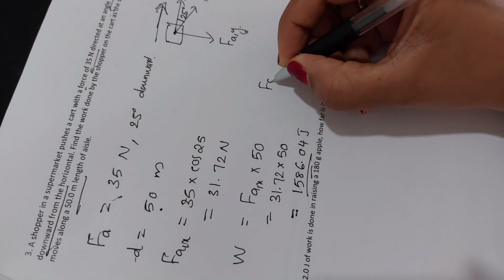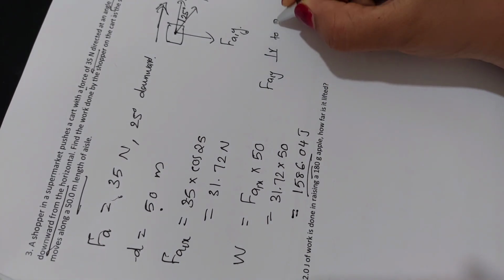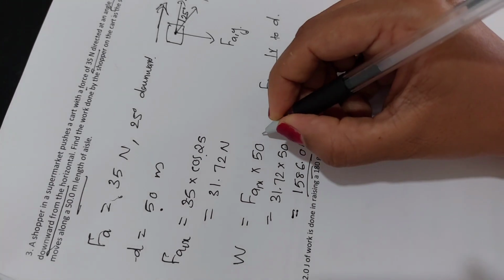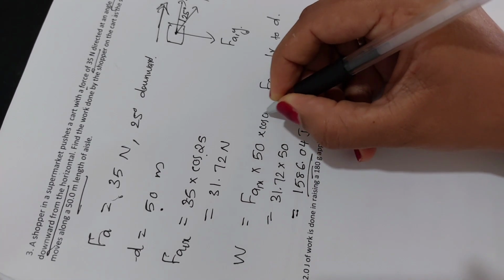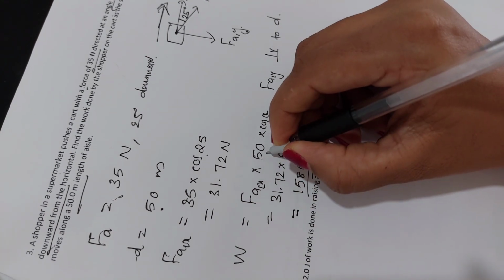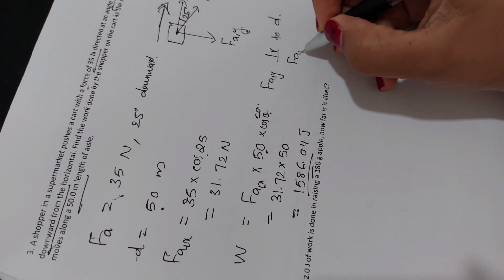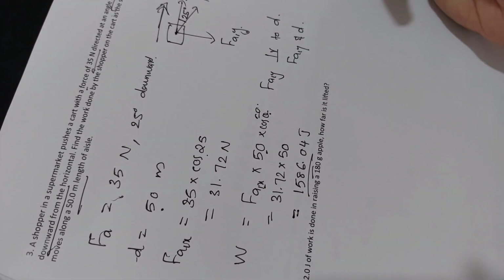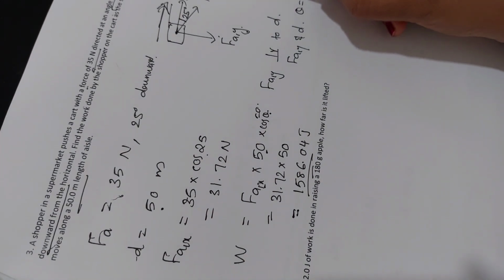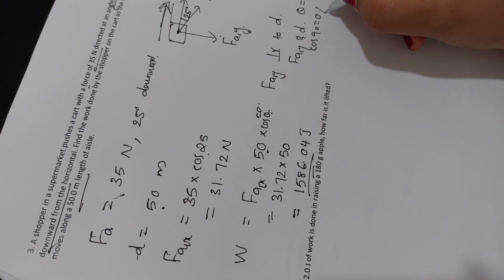If you consider this Fay, what will happen here? Fay is actually acting perpendicular to D, right? So of course another cos theta comes here. For Fax, that theta is the angle between Fax and D, and that is 0 here. But Fay and the distance D, if you consider the motion and Fay, they are perpendicular, so theta will be 90 degrees, and cos 90 we know is 0.